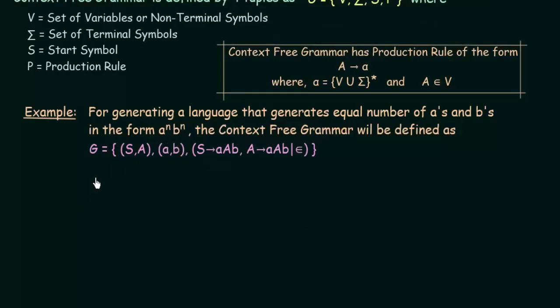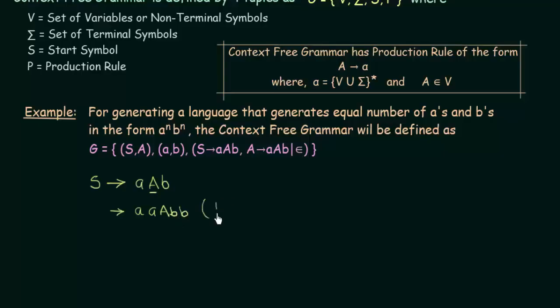Let me start with my start symbol, that is S, and S gives aAb. So using this production I have written S gives aAb. Now we have another production rule which says A gives aAb. So this A over here I will replace with aAb. This a will come down as it is, and this capital A will be replaced by aAb, and this b over here comes down as it is.